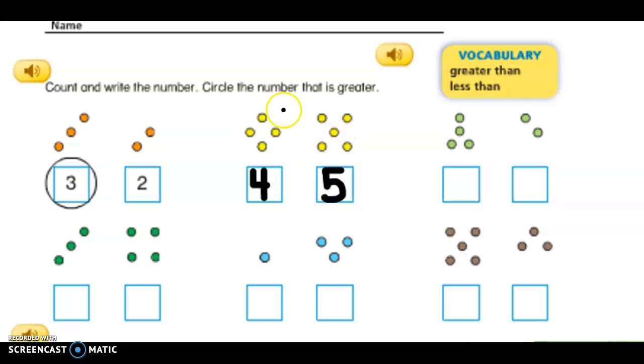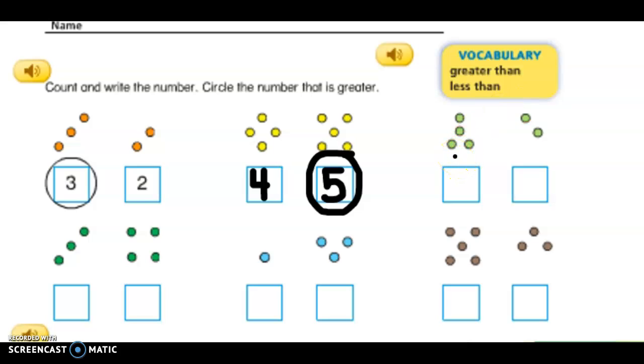All right, and again, they're asking us what number is greater, which one has more, the 4 or the 5. If it also helps you, for this one, think about what number is bigger. The answer is the 5, so we're going to circle the 5.